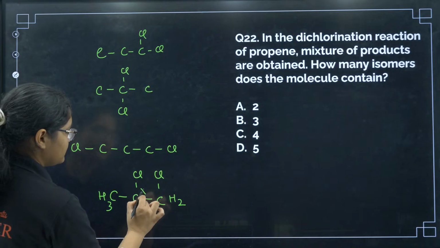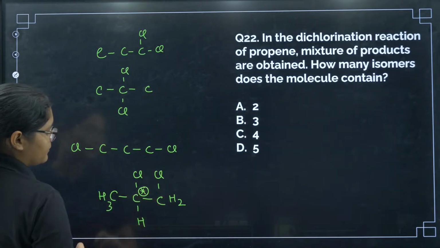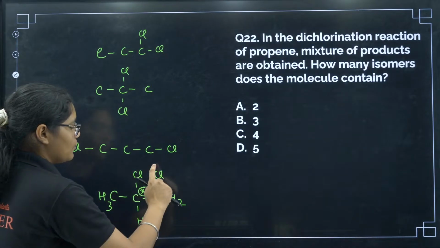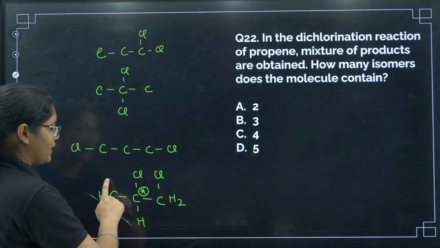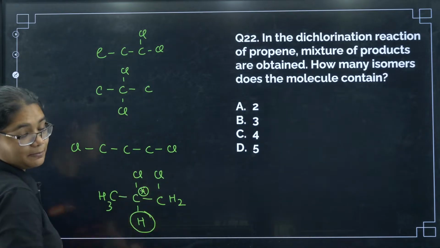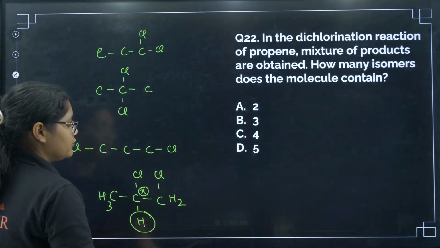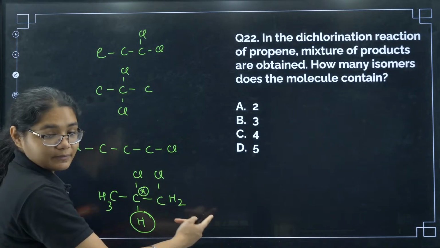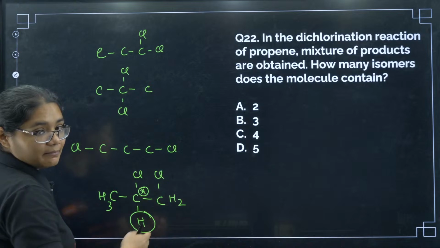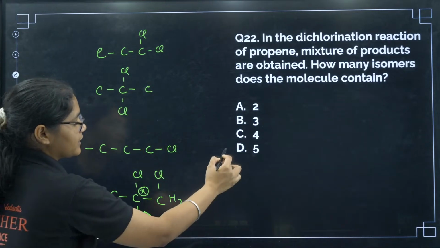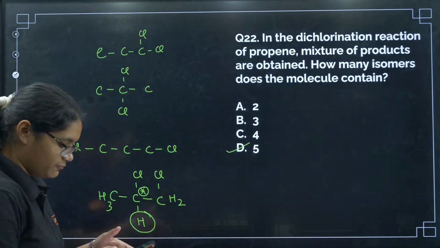Now this carbon is a chiral carbon. Why? Because one side is chlorine, one side is methyl chloride group, one side methyl group, and one side H. So 4 different groups are present, right? If 4 different groups are present, this is an optically active compound, so it will have a mirror image, which is also optically active. So 1, 2, 3, 4, and its optically active compound, that will be 5 isomers.